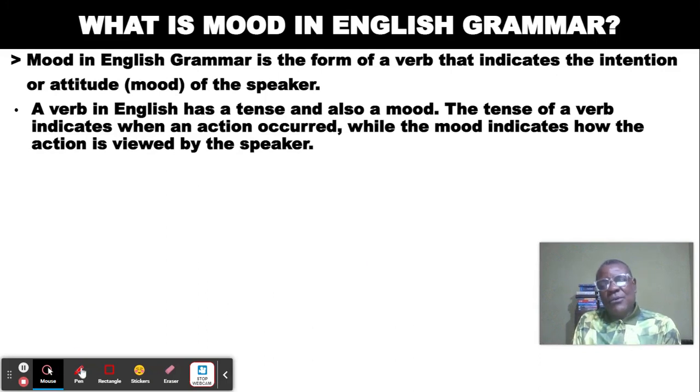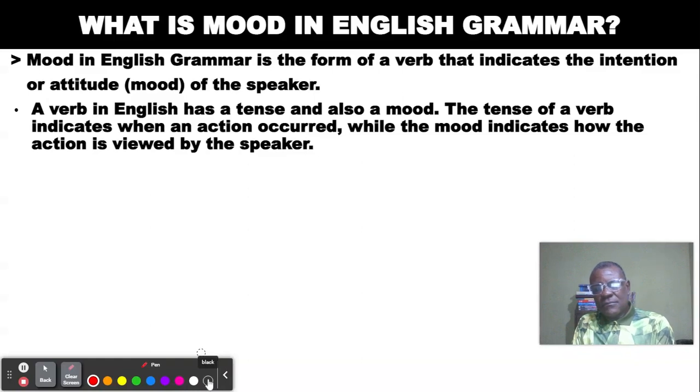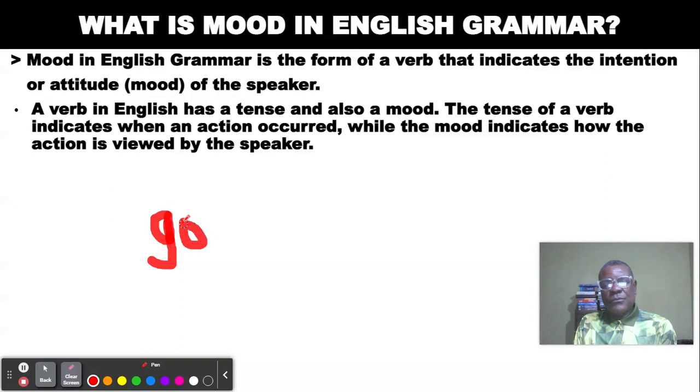Now when you look at the concept of tense, you are looking at the form of the verb. For example, let's look at the verb go. You see that it has different forms.